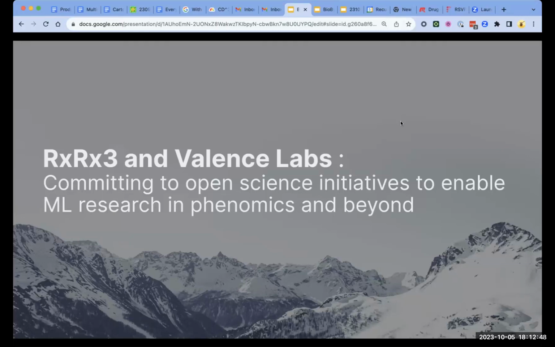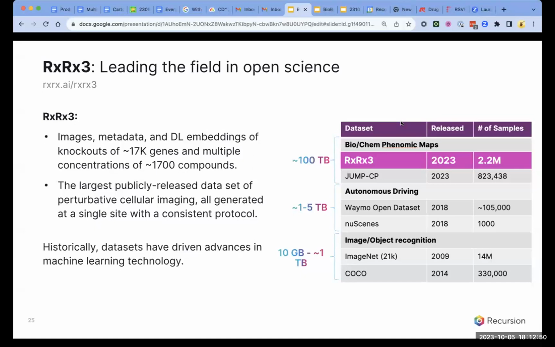I want to highlight as well our RxRx3 data set, which I think is really cool. It is 2.2 million samples of the data that we've generated. It's the largest, as far as we know, publicly released data set of perturbative cellular imaging. And we hope this is a way to start driving advances in machine learning technology, not only within Recursion, but in the outside community as well.